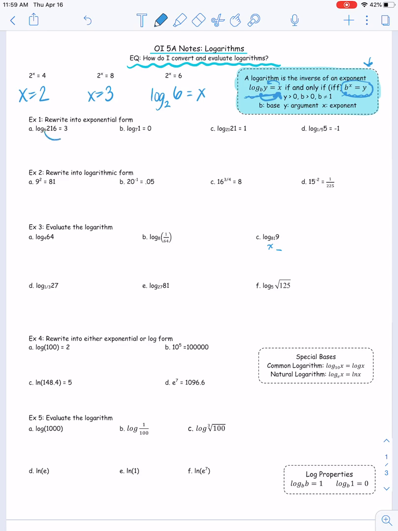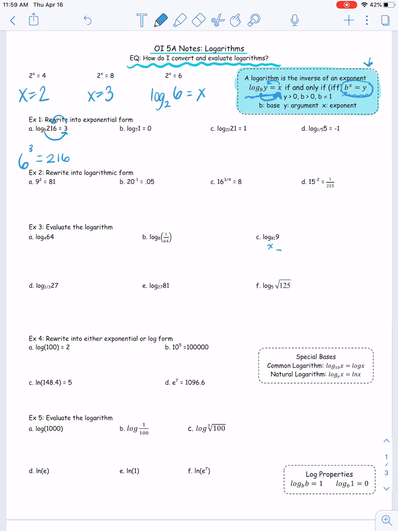The base raised to the exponent is going to equal the argument. So this is a base of 6 with an exponent of 3, which equals the argument of 216. 6 raised to the third power equals 216. That is a true statement. So that means that log base 6 of 216 is equal to 3.